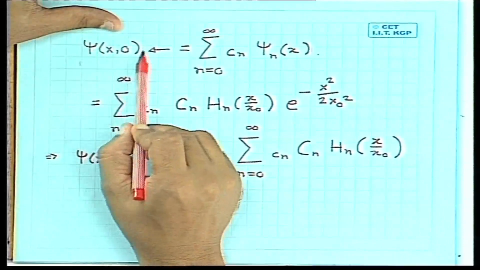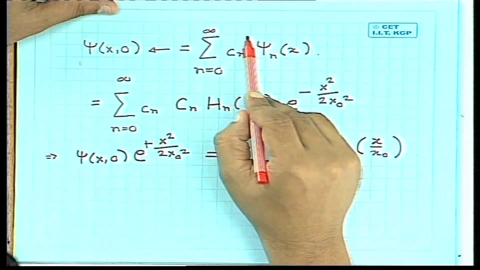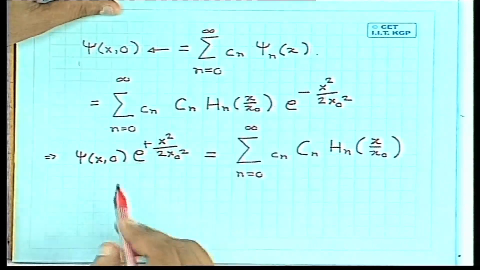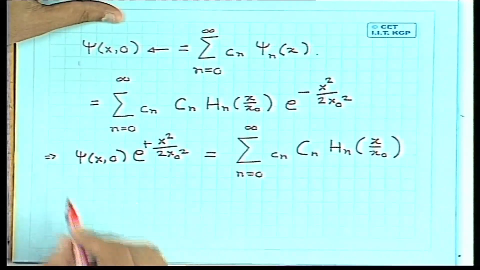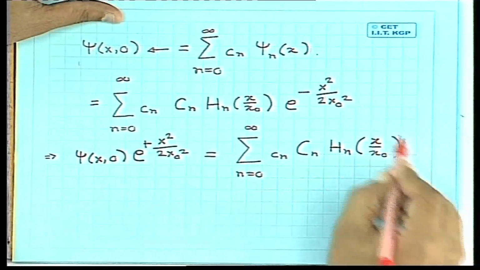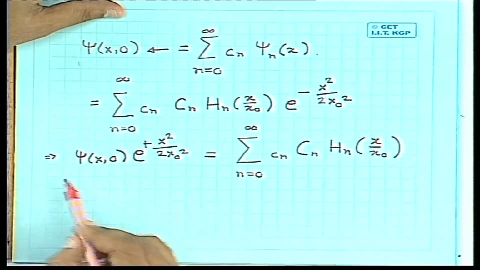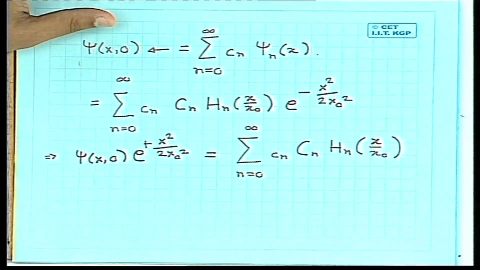Let us actually verify that. Under what conditions can we express any arbitrary wave function as a sum of these eigenfunctions? This is equivalent to saying that this equality holds. So let us now see under what conditions this equality holds.